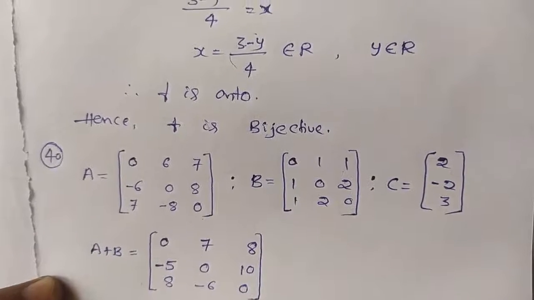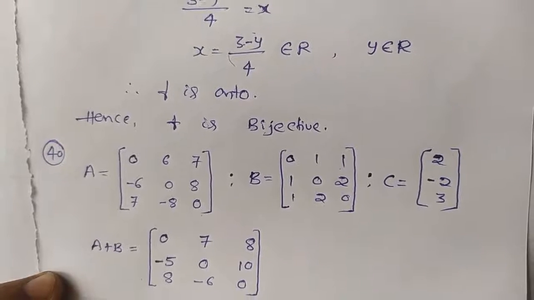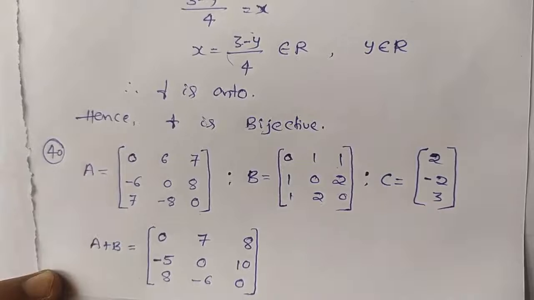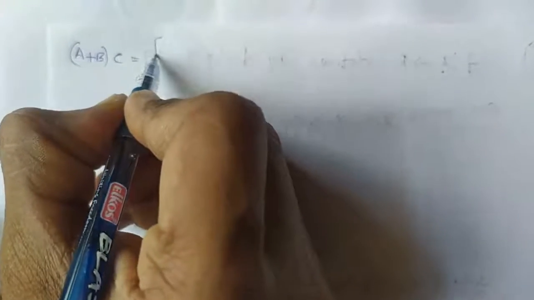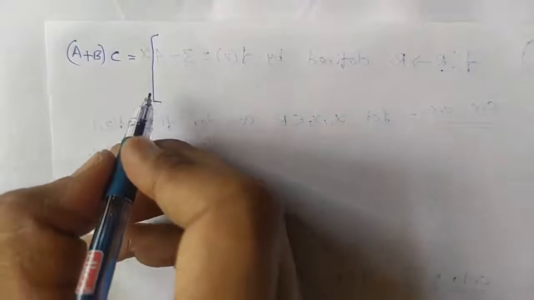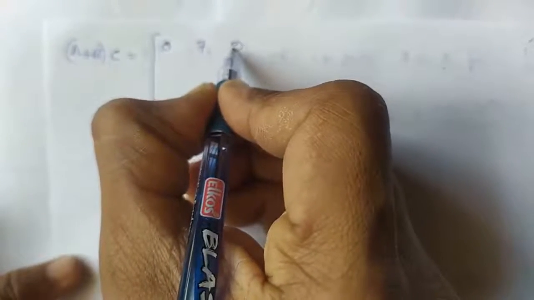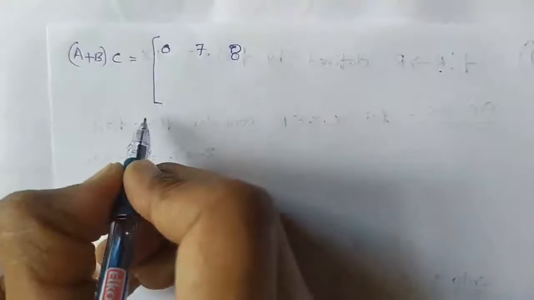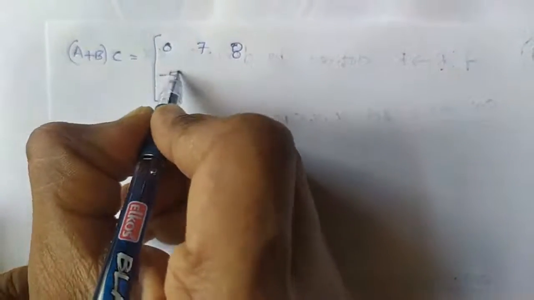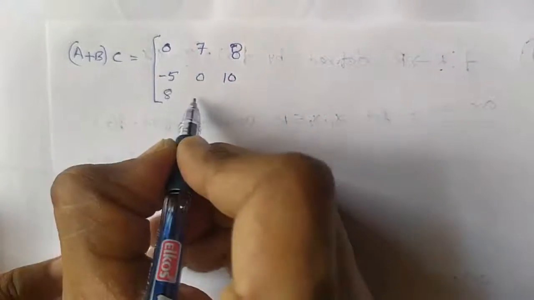Next, let us find out (A plus B) into C. First write the matrix A plus B. A plus B matrix is 0, 7, 8, minus 5, 0, 10, 8, minus 6, 0.